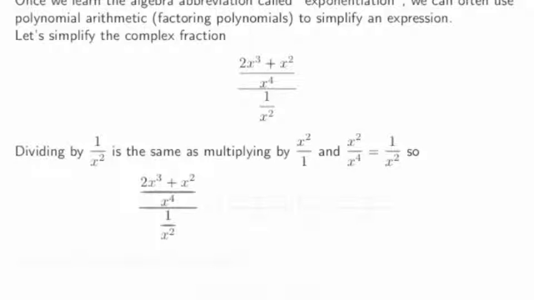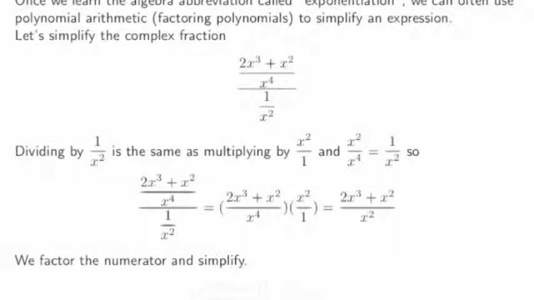So when I take this complicated expression and multiply the old numerator by x squared over 1, it simplifies to 2x cubed plus x squared divided by x squared. We can factor the numerator, factoring out an x squared. Now our x squareds on top and bottom will cancel, and so we end up with just 2x plus 1.